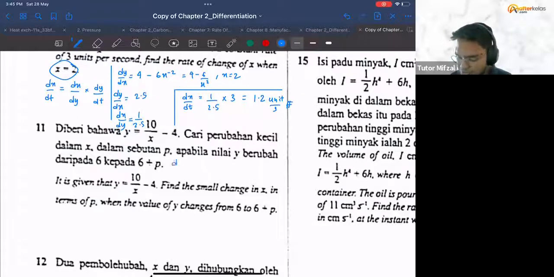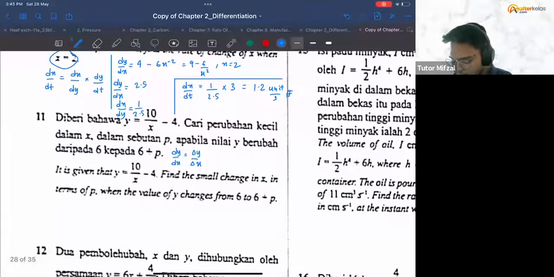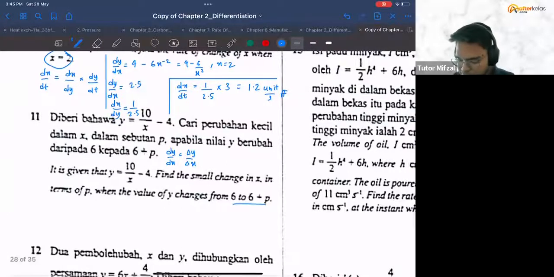So you write dy over dx is equivalent to delta y over delta x. Now it is said here that y changes from 6 to 6 plus p.